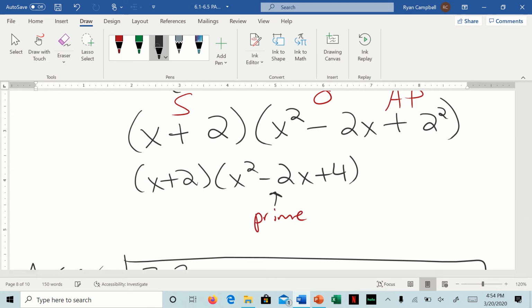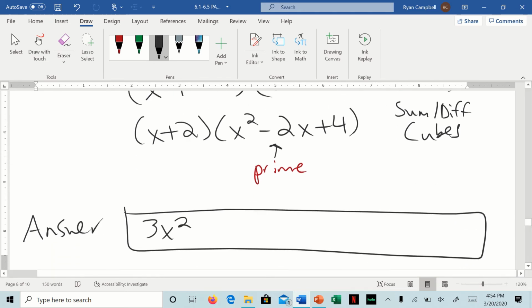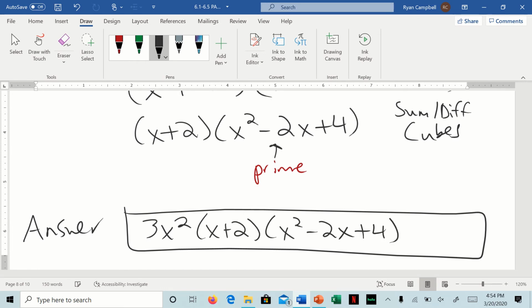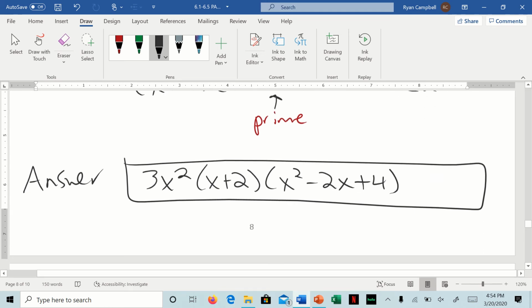When you use the sum or the difference of cubes, you always end up with a prime polynomial. So you don't have to check that. We actually are done. So we get x plus 2, x squared minus 2x plus 4 multiplied by that 3x squared. That's our final answer.